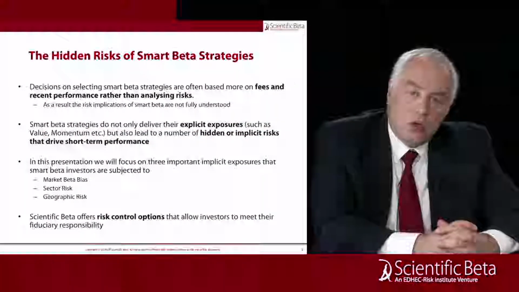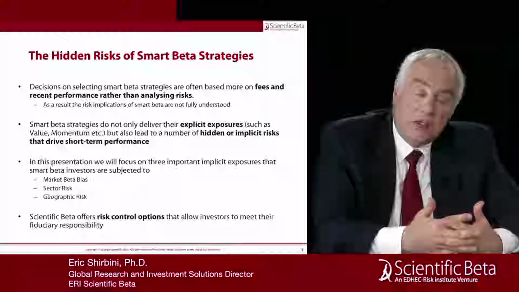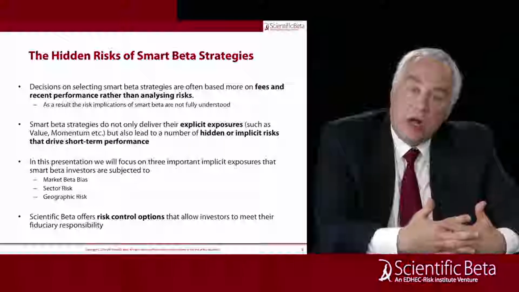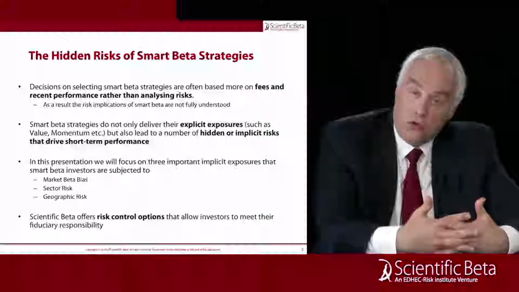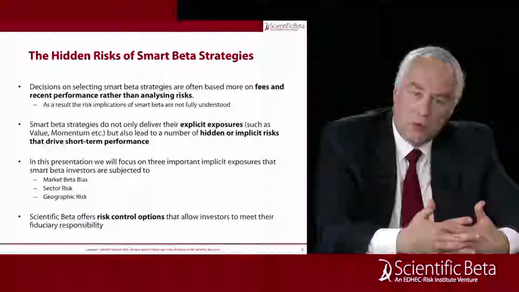Okay, risks in general are very important. Unfortunately, the decision on selecting smart beta strategies is often based more on lowest fees and recent performance. As a result, the risk implications of smart beta strategies, which often drive this recent performance, are not fully understood.